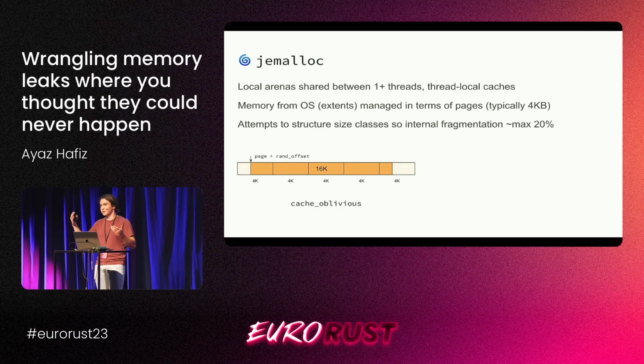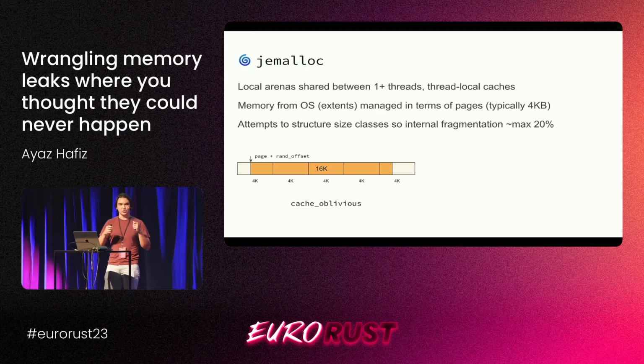And how I'm going to do this is when I have a large allocation, I am going to place its starting memory address at a random offset within a memory page, right? So a memory page typically is 4 kilobytes on a Linux machine. So this can be great for your CPU efficiency, right?